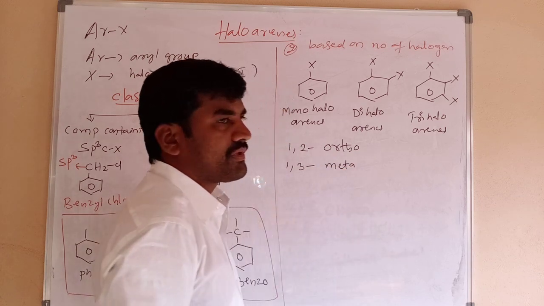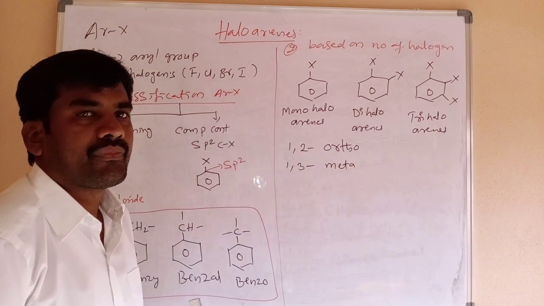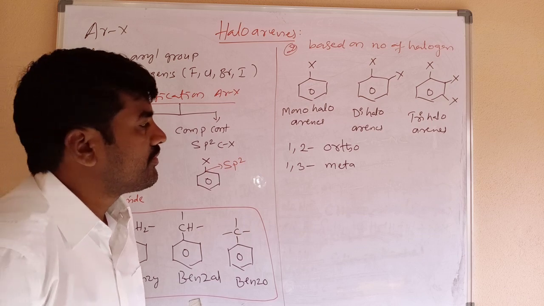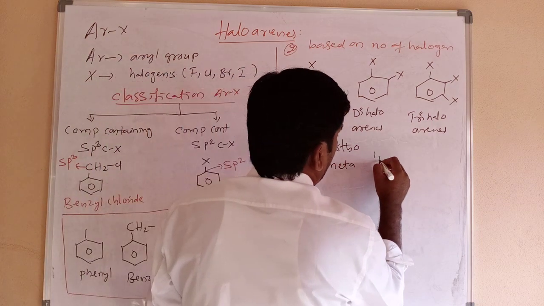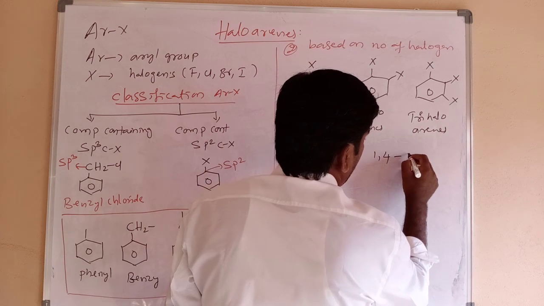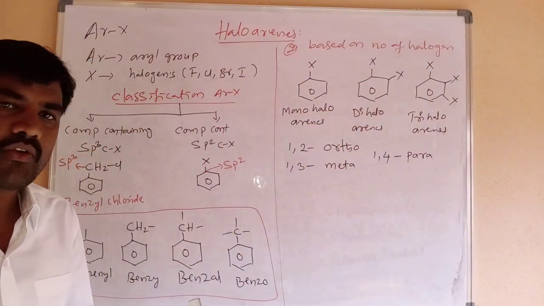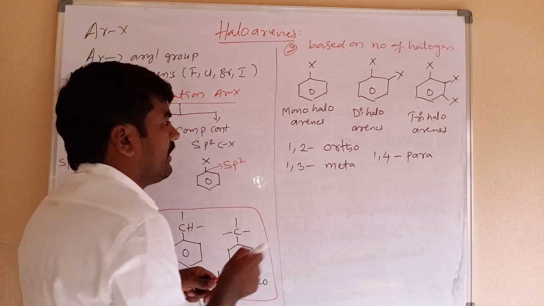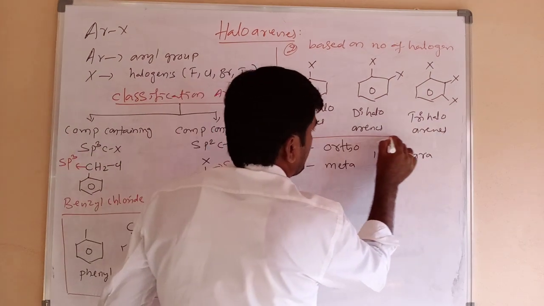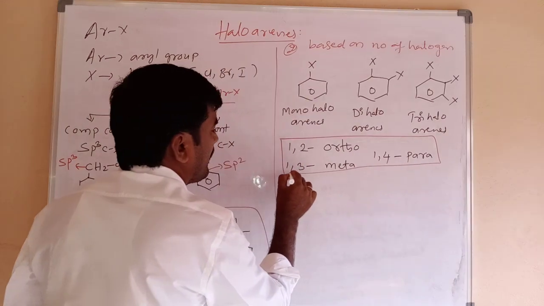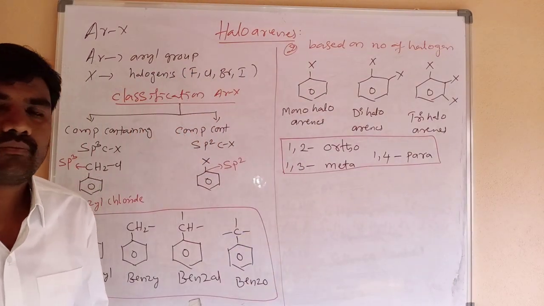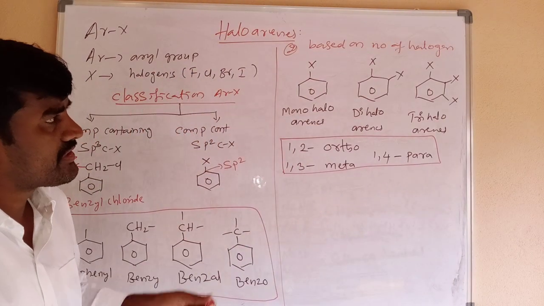For example, two bromines are there at the 1st and 3rd carbon: meta dibromobenzene. Next one, 1, 4 positions, this position is called para position. What is the para position? For example, two fluorine atoms present at 1, 4 positions. They are called para dichlorobenzene. Clear?